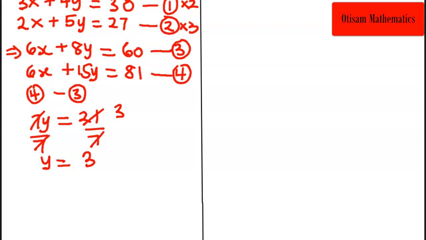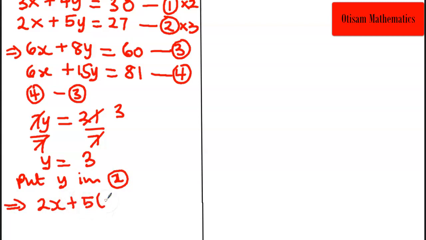Knowing the value of y, we can put it in any of the 4 equations and find our x. So I want us to use equation 2. Put y in equation 2. So this implies that 2x plus 5y, which is 5 times 3, is equal to 27.